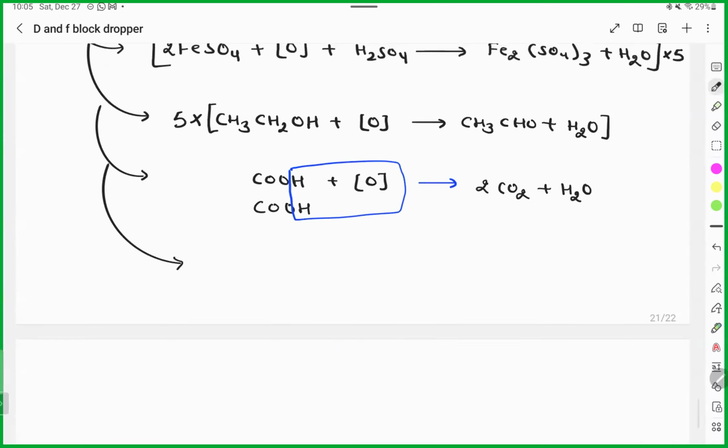Anvita, if SO2 reacts in presence of nascent oxygen, what will be the product? H2SO4. Sir, okay.